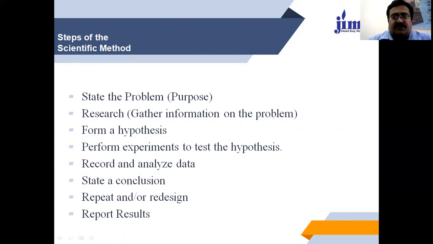Number two, research and gather information on the problem. Number three, form a hypothesis, perform experiments to test the hypothesis, record and analyze data, state a conclusion, repeat or redesign, and the last is report the results.